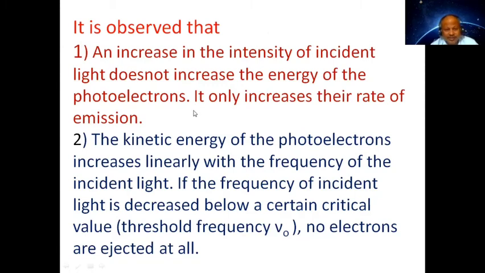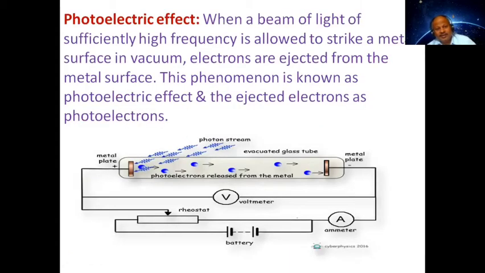It only increases the rate of emission. ठीक है, देखिए, we can say that if we increase the intensity of incident light, it does not increase the energy of the photoelectrons. Photoelectron जो है उनकी एनर्जी नहीं बढ़ती है, इट इज ओनली इंक्रीज देयर रेट ऑफ इमिशन. रेट ऑफ इमिशन जो रहेगा वो लेकिन क्या हो जाता है, बढ़ जाता है.